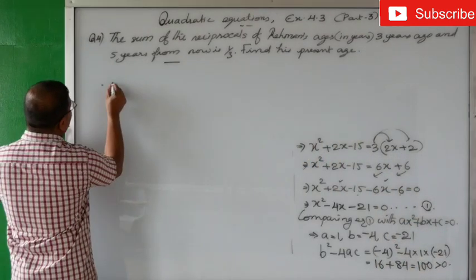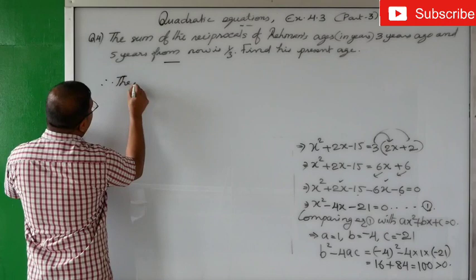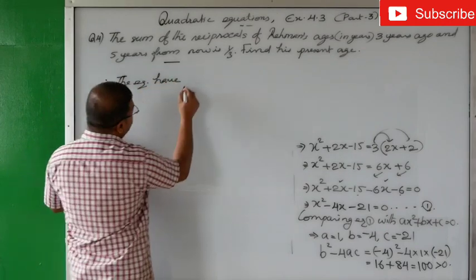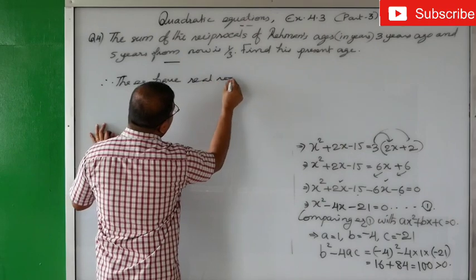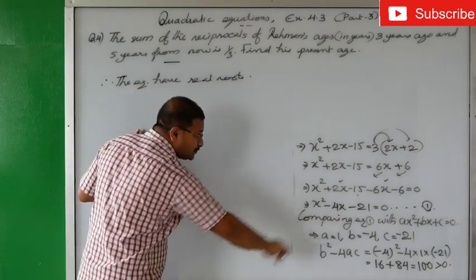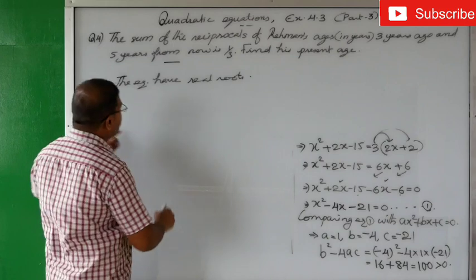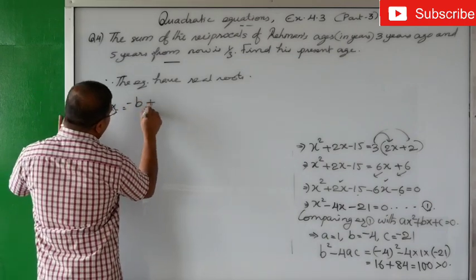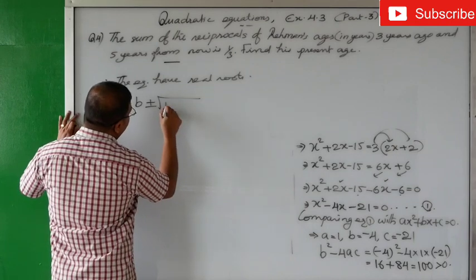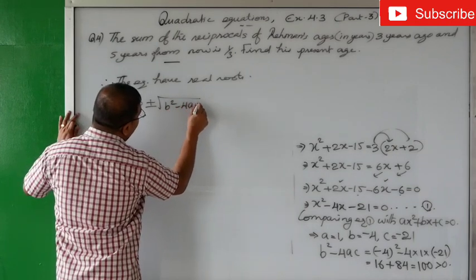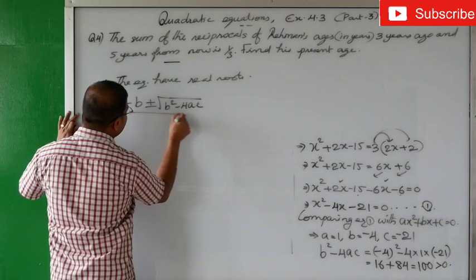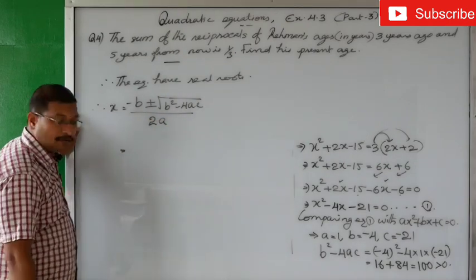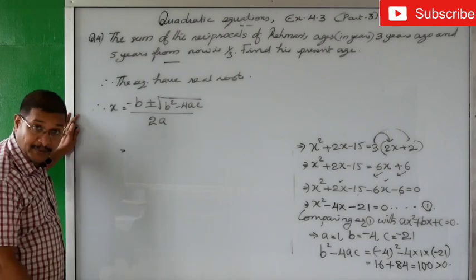Therefore, the equation has real roots, because b square minus 4ac is greater than 0, isn't it? Therefore, x equals minus b plus or minus root of b square minus 4ac by 2a equals, ready, what is the value of b?